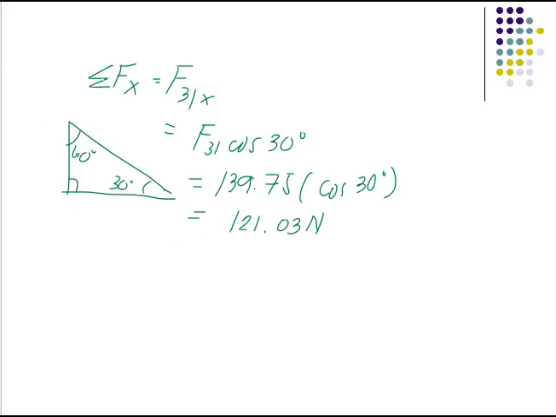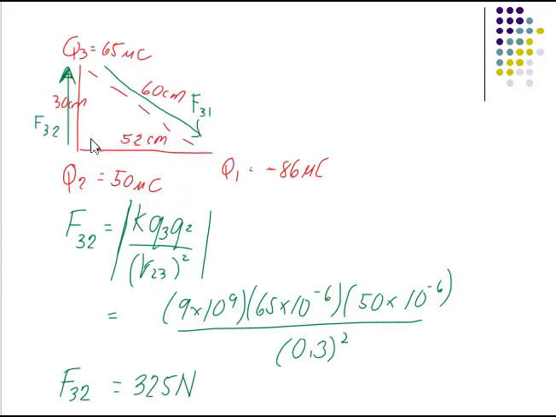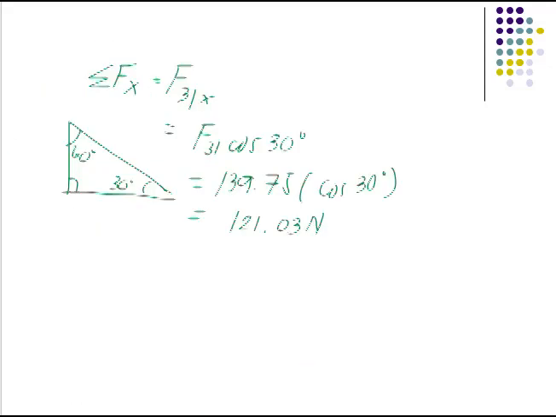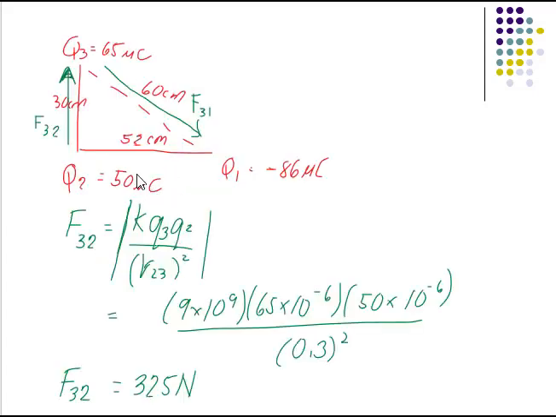Now let's look at the summation of forces along y. Looking at the illustration here, we have two components for the y. One is the force exerted by 2 on 3, and the other one is the force exerted by 1 on 3 along the y component. The force exerted on 3 by 2 is upward, but the force exerted on 3 by 1 is downward.